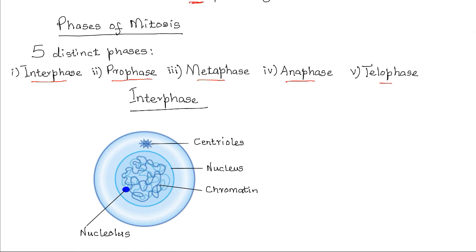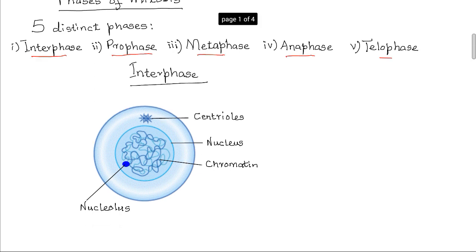There are 3 main events that take place during interphase of the cell division. These are: 1, there is replication of the DNA. The DNA here is in the form of chromatin. Chromatin is a thin thread-like structure.